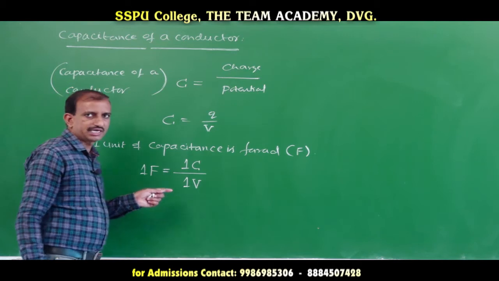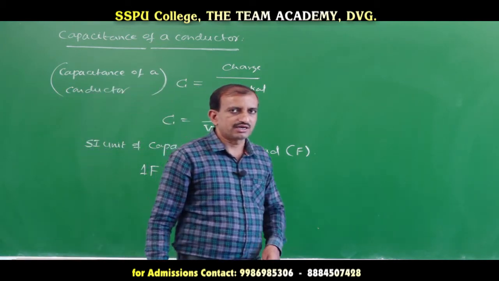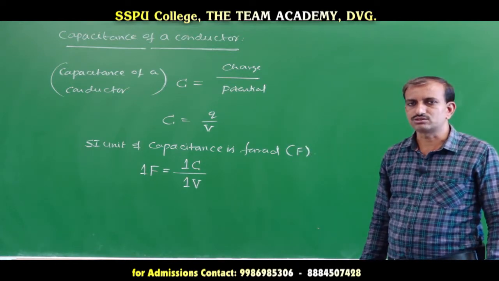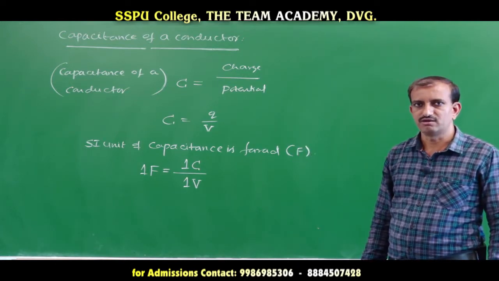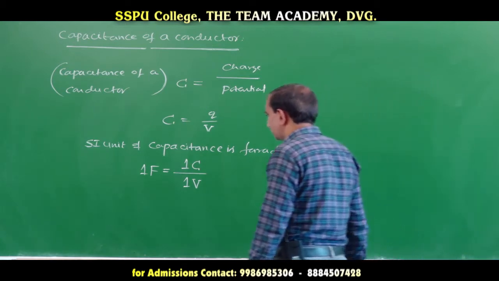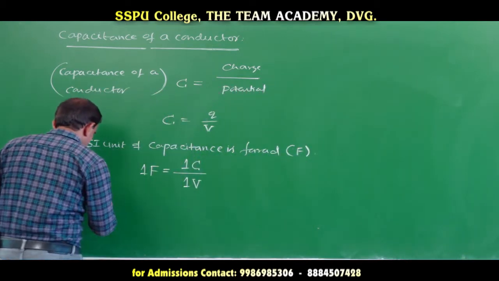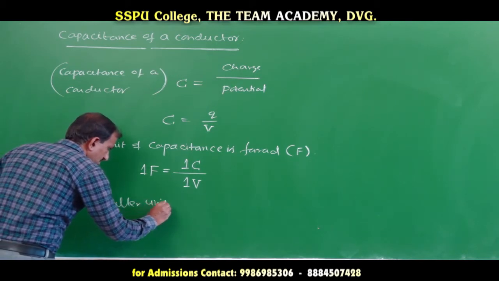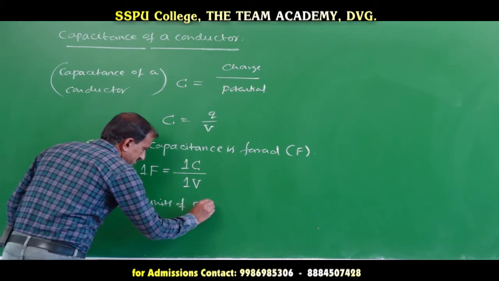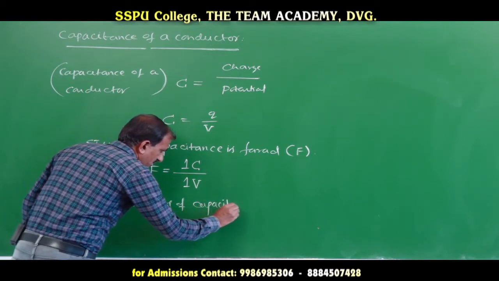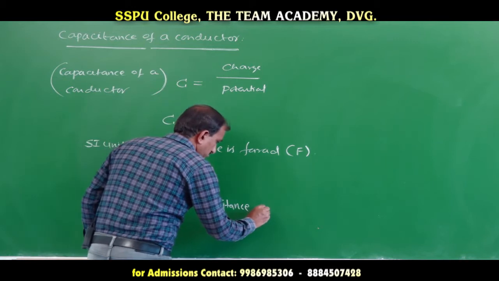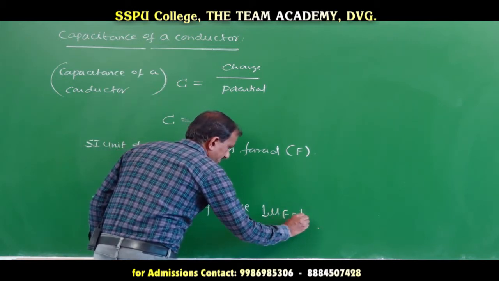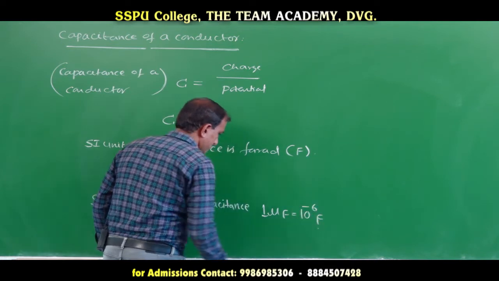The farad seems to be a larger unit of capacitance. Therefore, we can use microfarad, nanofarad, picofarad, etc. These are the smaller units of capacitance. 1 microfarad is equal to 10 power minus 6 farad.